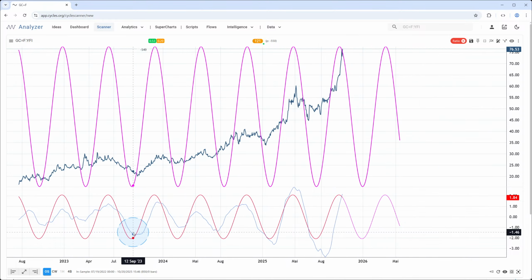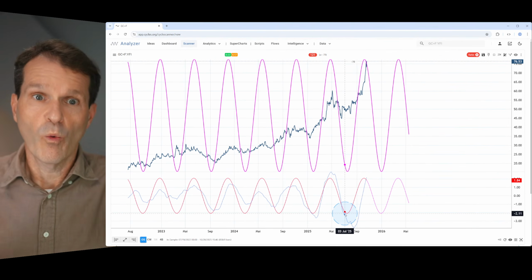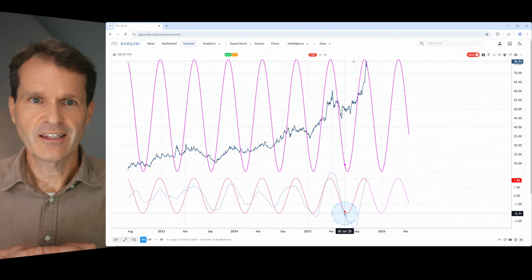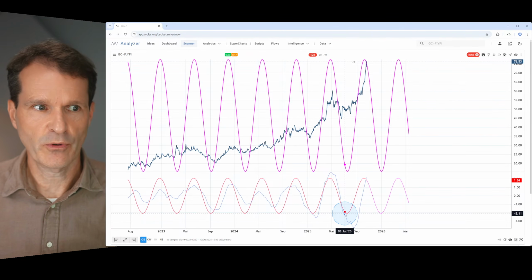And we have a beautiful, beautiful alignment of the real action within the ratio and the theoretical cycle. What you need to have in mind is that the cyclic perspective is always a detrended perspective.